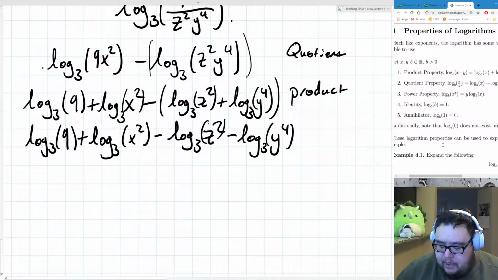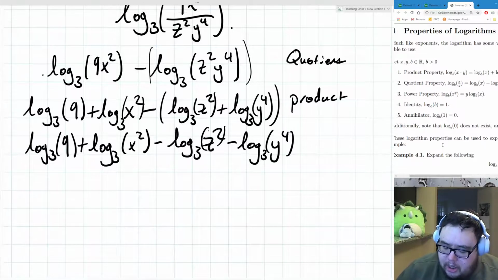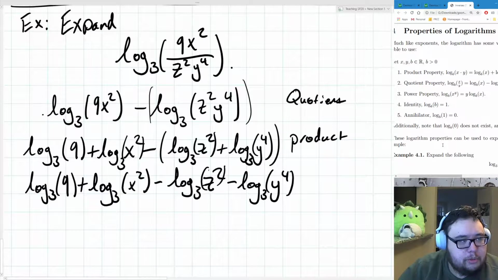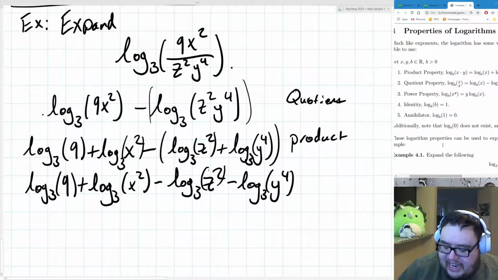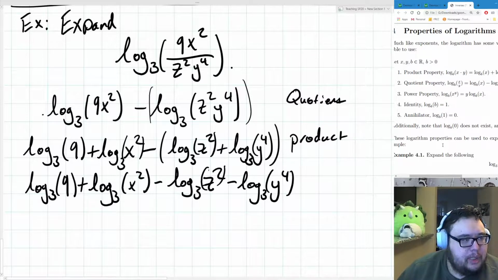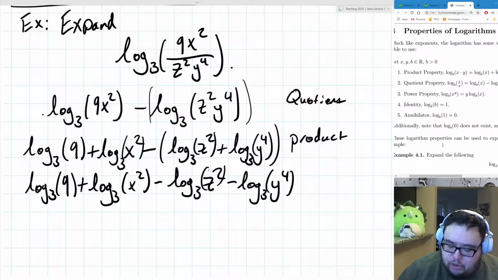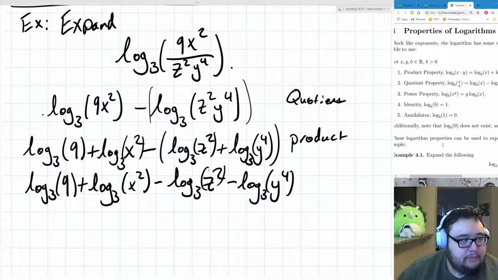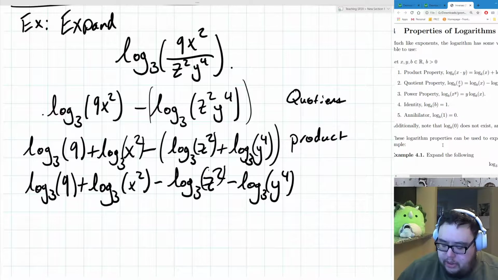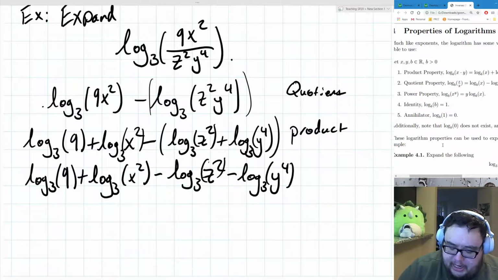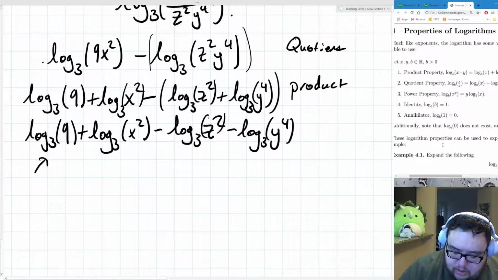Notice that anything that was in the denominator of your original logarithmic expression is going to be negative in your expanded version, and anything that was in the numerator will be positive. We've got one more step that we can do to simplify some things. This log base 3 of 9 we can evaluate.